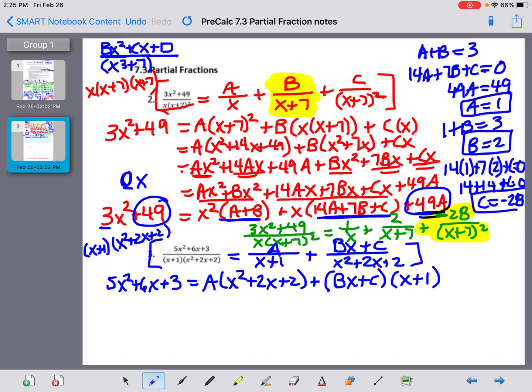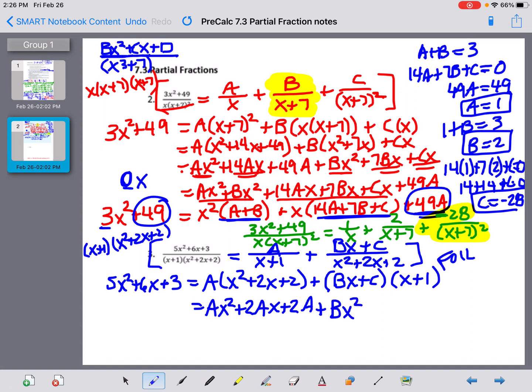All right, algebra time, and it's algebra on the right side right now. So I am going to distribute this a through, so I'm going to get ax squared plus 2ax plus 2a. On the right side, I have two binomials. I need to FOIL that, okay? So don't forget, I'm going to FOIL right here. Bx times x is bx squared.